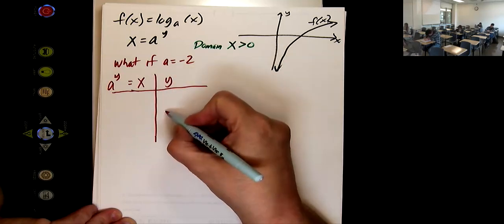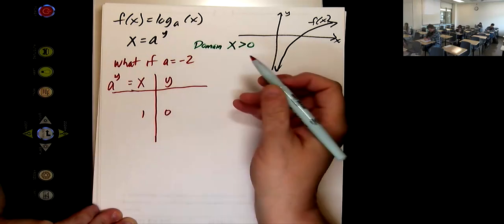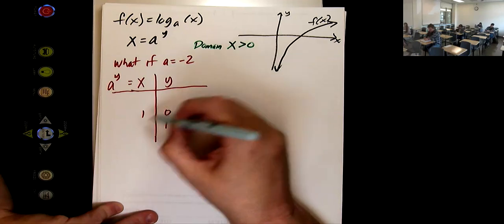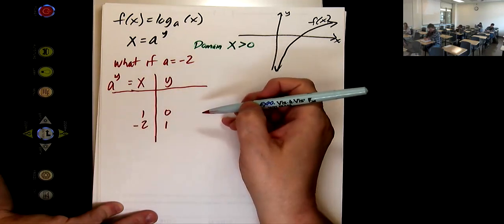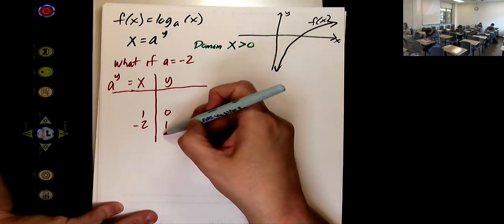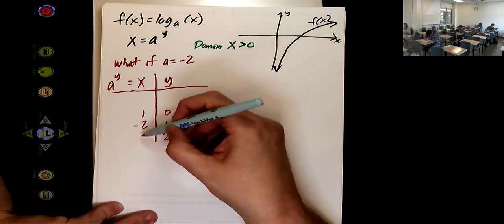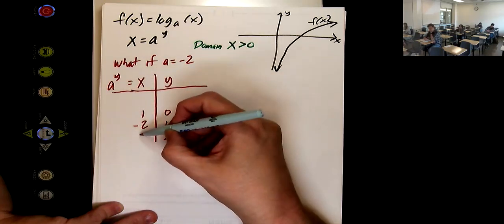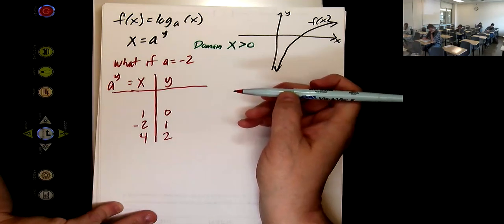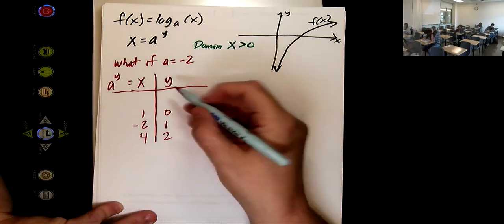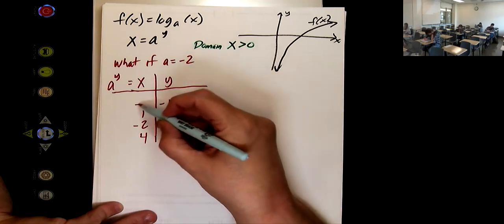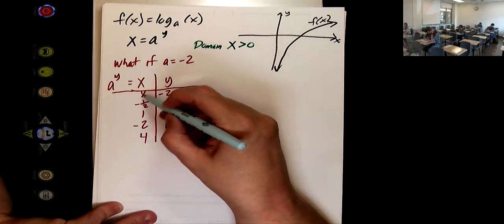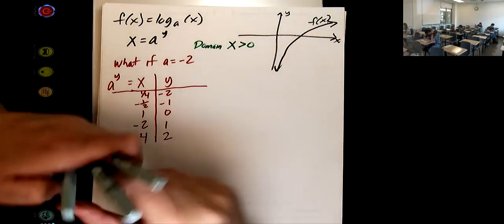If I put in 0, I get -2 to the 0 is 1. If I stick in y equals 1, I get -2. I stick in y equals 2, I get -2 squared is 4. If I stick in -1, I get -1/2. If I stick in -2, I get positive 1/4. Let's just look at what happens when we graph that.